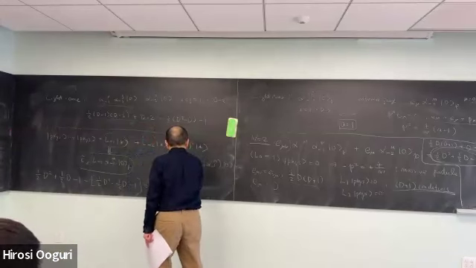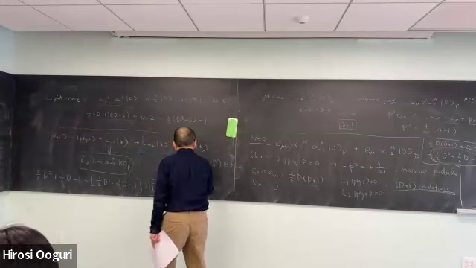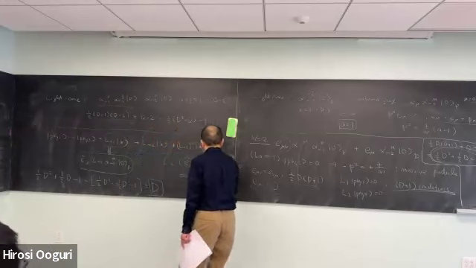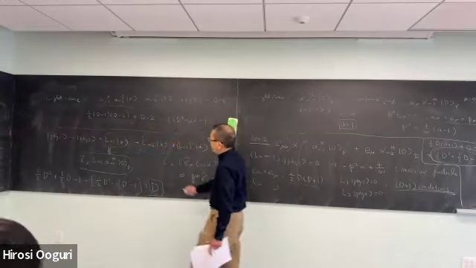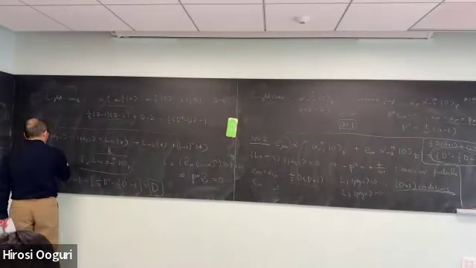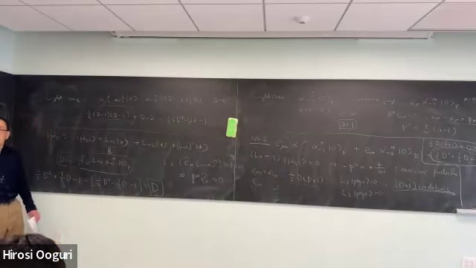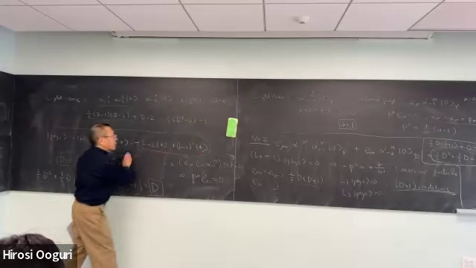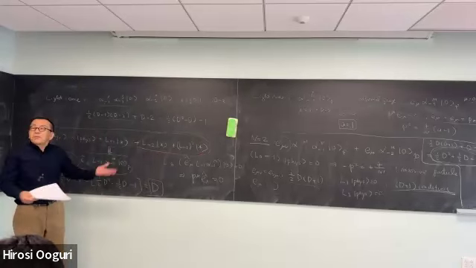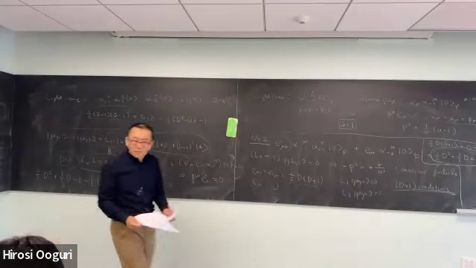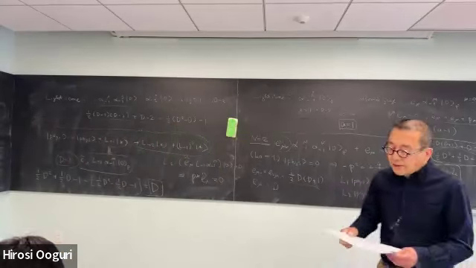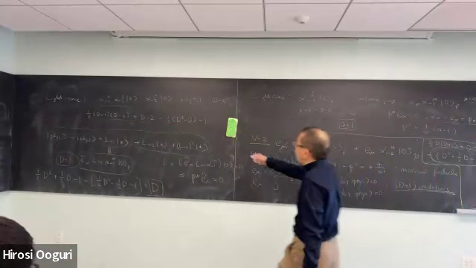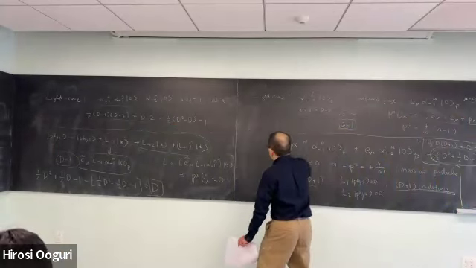So that would require P mu E tilde mu to be equal to 0. Therefore, this would account only for D minus 1 degrees of freedom. So that means that this combination should also remove one more state. But this would require that this satisfies the physical state condition.